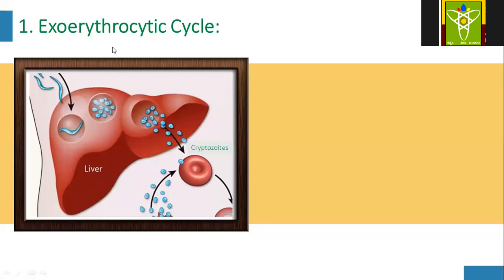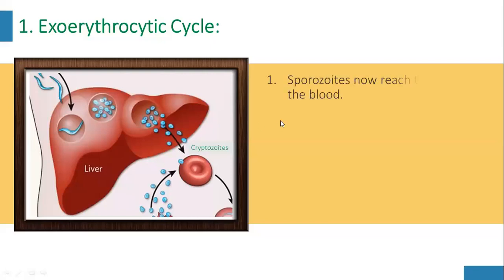First, it develops in the liver, outside the RBC, so it is called exoerythrocytic. After that, it enters the RBCs and develops there. Then I will call that stage the erythrocytic cycle. So the exoerythrocytic cycle occurs in the liver, and the erythrocytic cycle occurs in the RBCs. The first is exoerythrocytic.